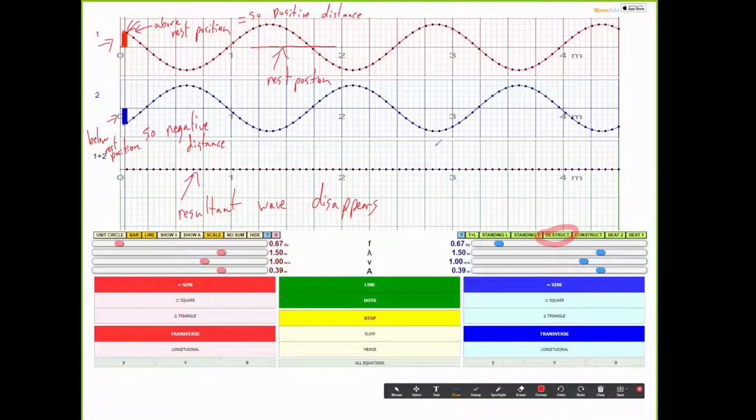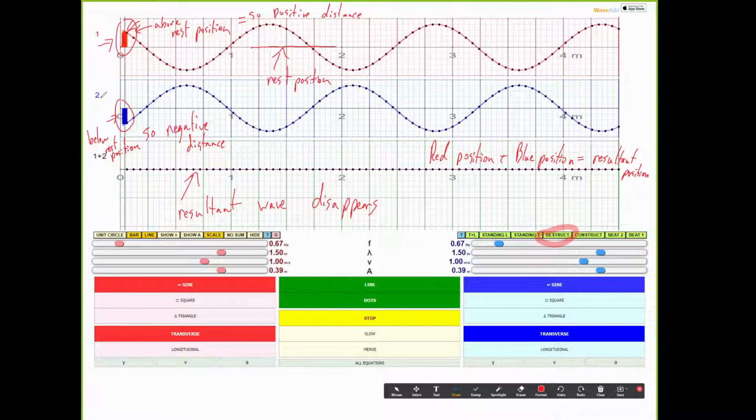And we're taking our red position plus our blue position, which when we add a negative number becomes the same thing as a subtraction, and we get our resultant position. And it just so happens that our red bar and our blue bar are the same heights, but one's positive, one's negative, so they cancel each other out beautifully.